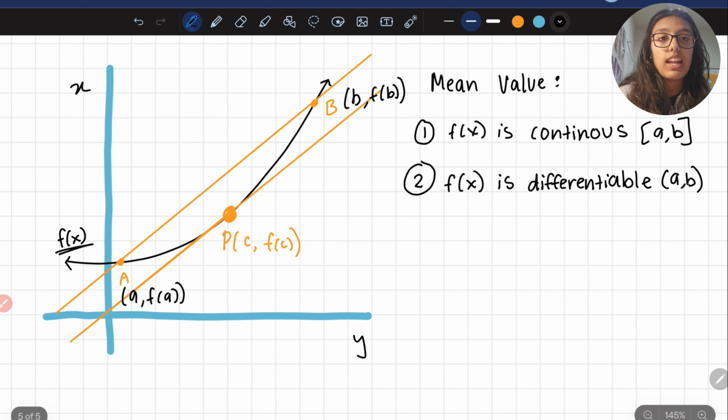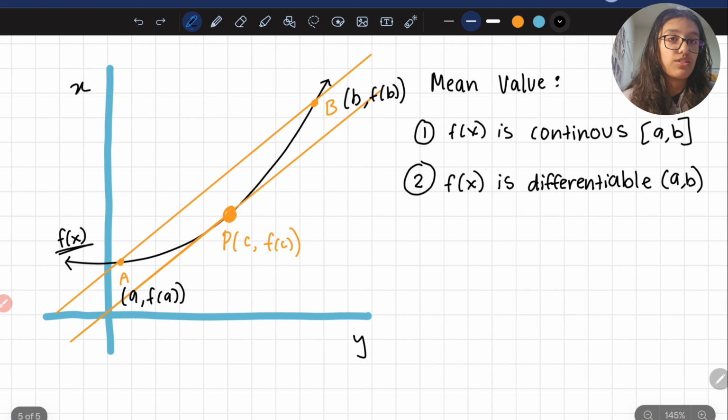Differentiable just means that at every single point of the graph you can take a derivative, or there is a tangent line at every point in the graph. If you take any point on the graph, we see there's a tangent line. No matter what, there is one unique tangent line for each point on this graph. These are the two conditions that must be met before applying the mean value theorem.